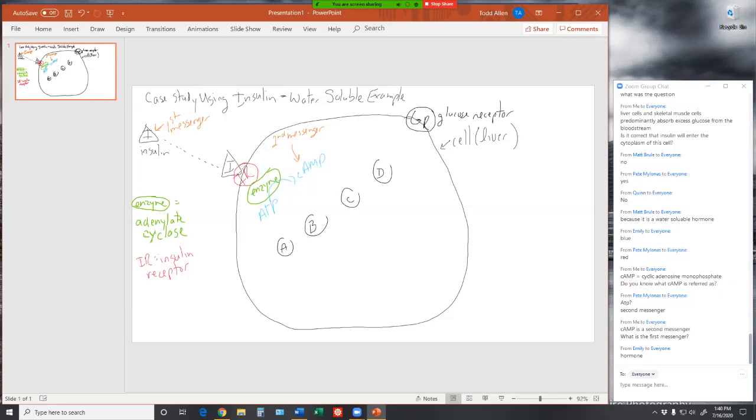Every hormone is going to be a little bit different in the identity of the molecules that are responding to it.